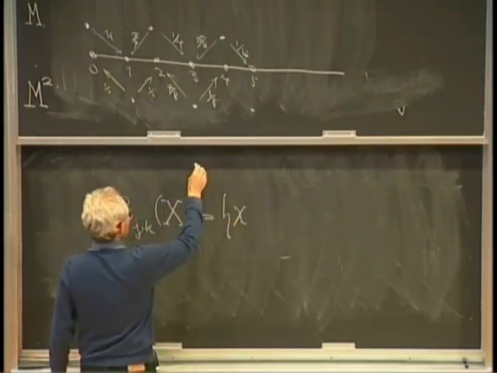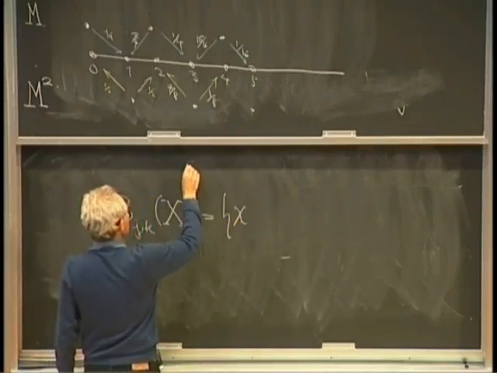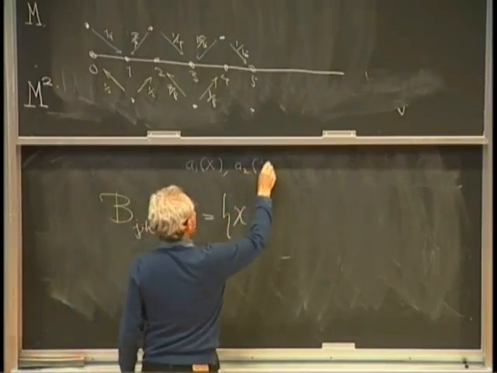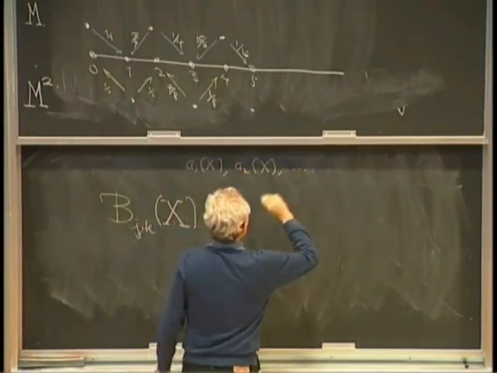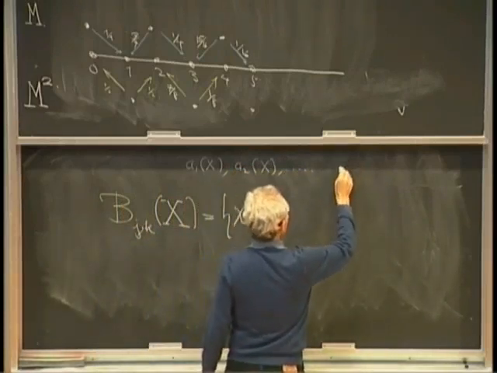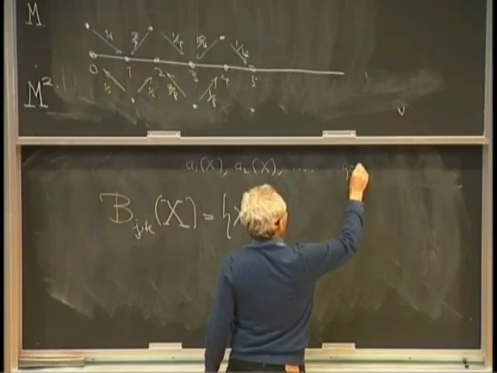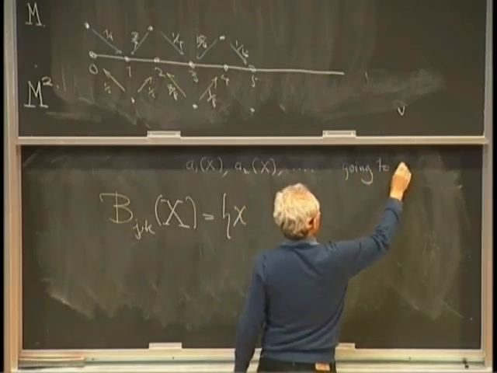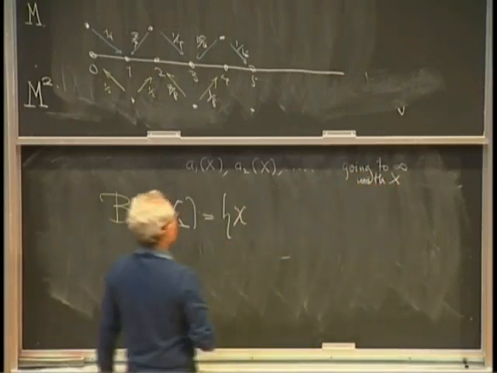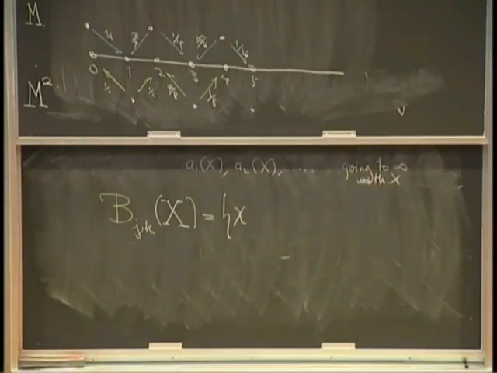We have certain growth numbers. I'll call them A1(X), A2(X), and so on. Now, these are real valued functions going to infinity with X. These are the sides of our boxes.